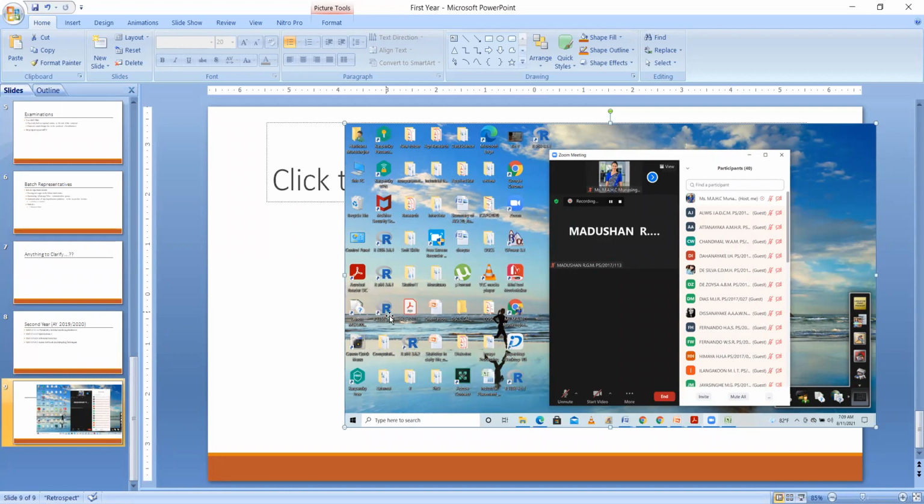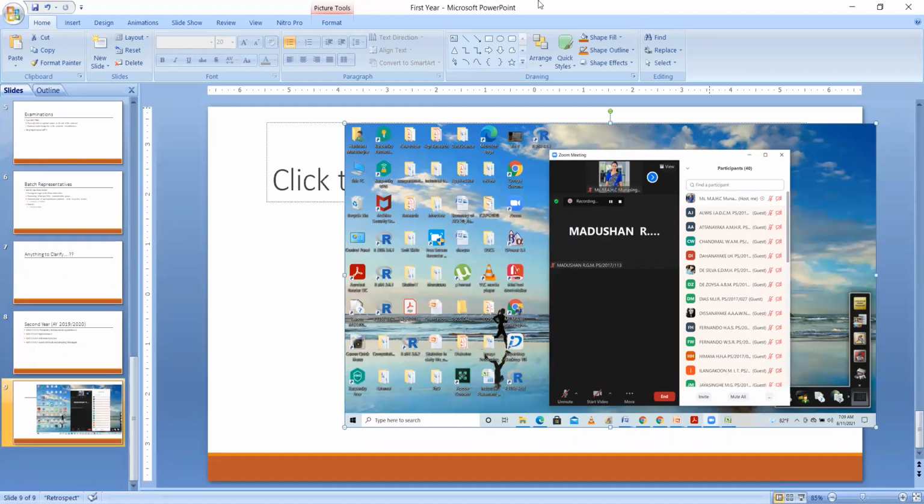That is R. Using this shortcut, if you double click on this blue color icon, you can open R. So I want you to download this R software and come when you are coming for the next session. Then it will be easy for you to do all these analyses.